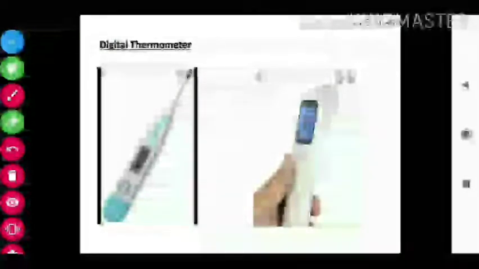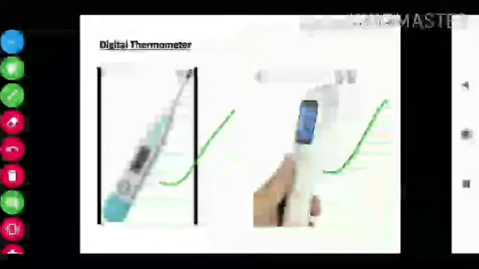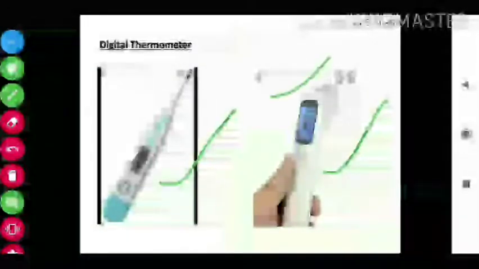Now in this corona pandemic situation, if you have gone to a hospital, you are seeing, or on TV also you are seeing, somebody with this type of thing, and this is a digital thermometer. This type of thing, here this is also a digital thermometer. So both are there.